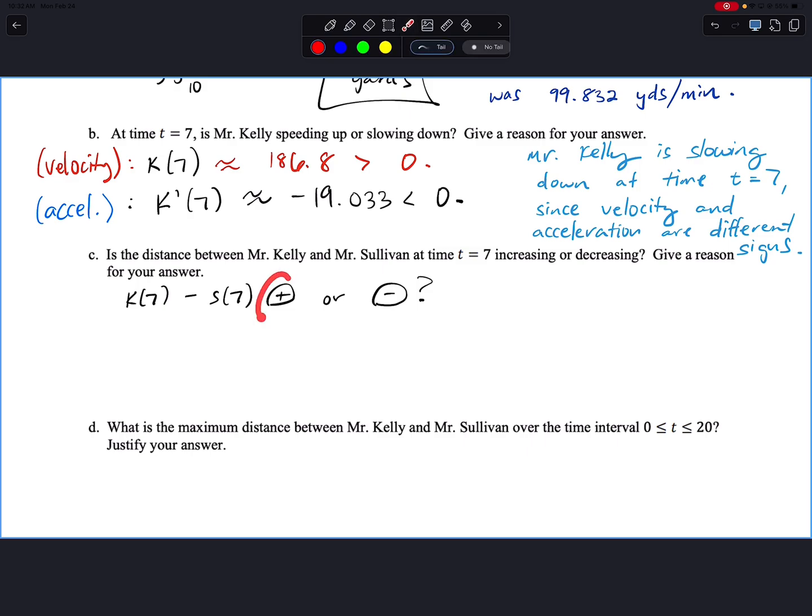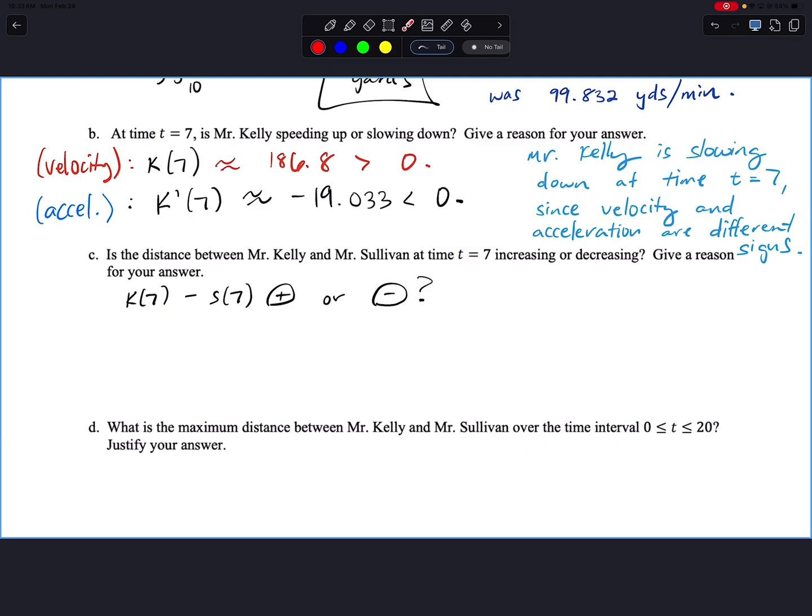If it's positive, that means the distance is increasing. If it's negative, what that means is Mr. Sullivan is catching up because that distance is shortening because they're racing each other. Does that make sense? So which function did we type in to our calculator is K? Y1 or Y2?